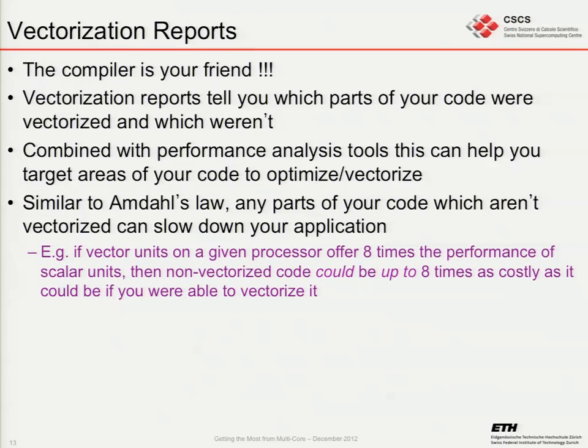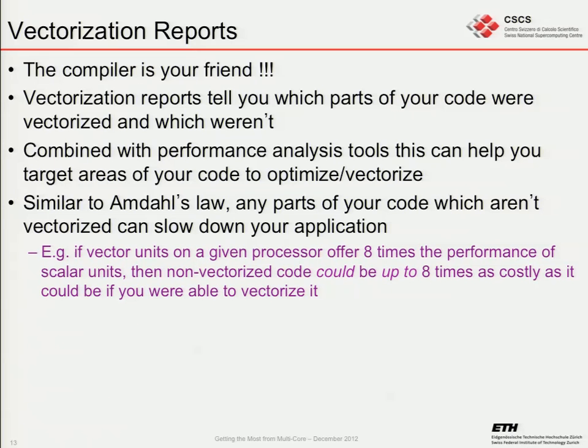But similar to Amdahl's law, because we're parallelizing after all by doing this vectorization, any bits that you don't vectorize will slowly become the bottlenecks, though not as dramatically as many of the things we deal with in Amdahl's law. But at 8 times performance, the non-vectorized bits do become a little bit worse.